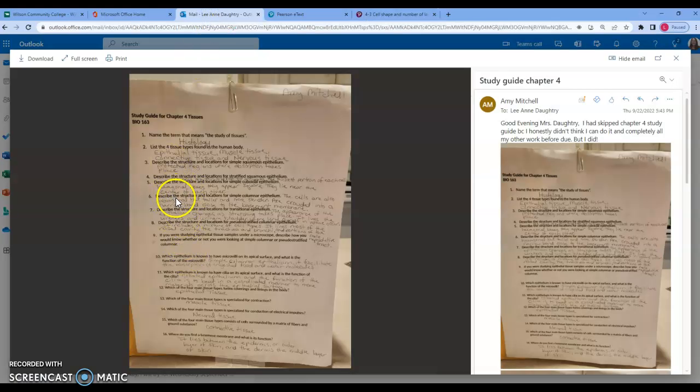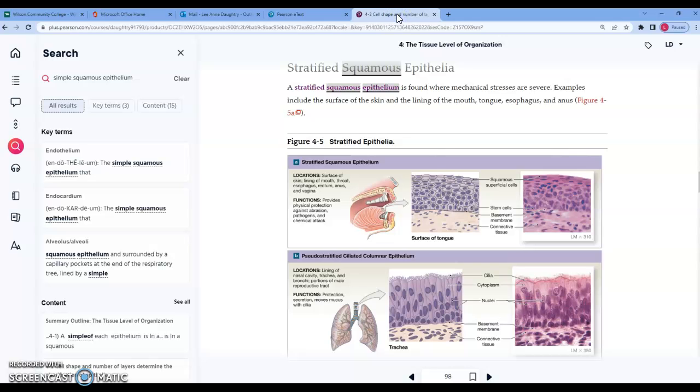So that goes all the way down to simple columnar, transitional, pseudostratified. And then it says, if you were studying epithelial tissue samples under a microscope, describe how you would know whether or not you were looking at simple columnar or pseudostratified columnar. And here's how. Let's go back to that e-text.